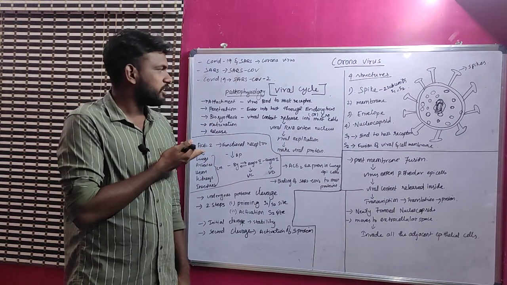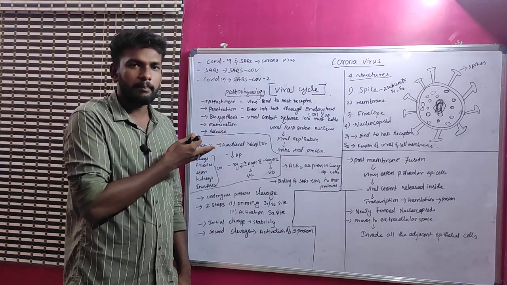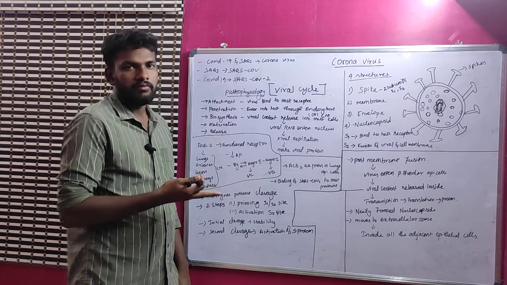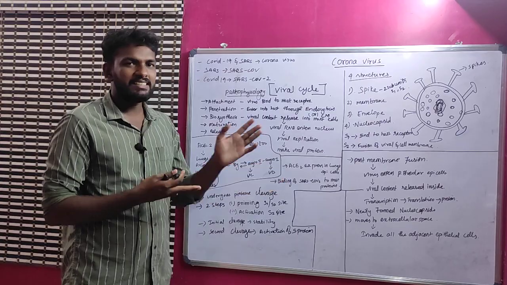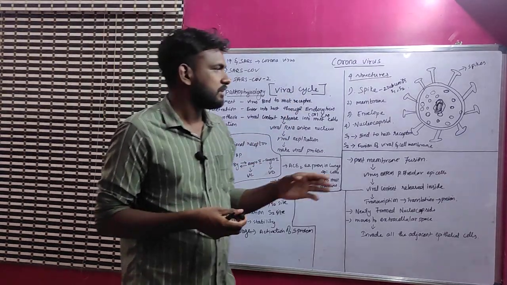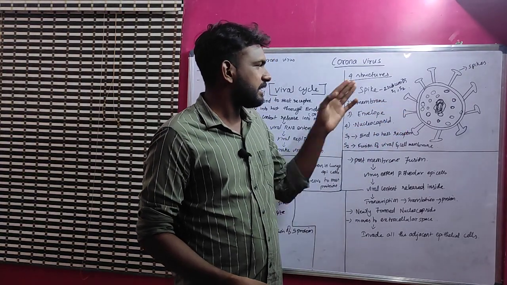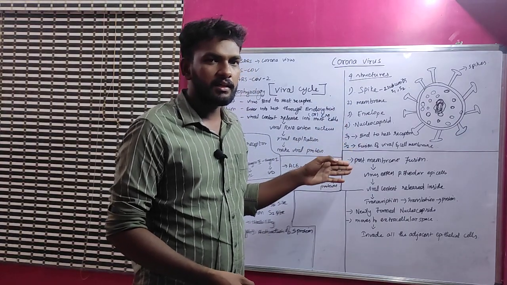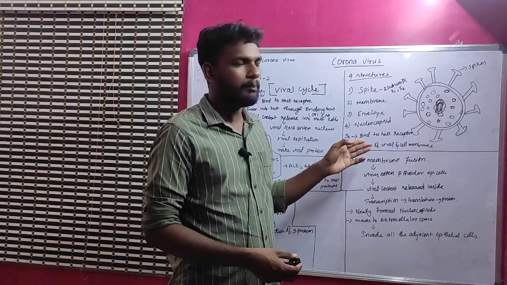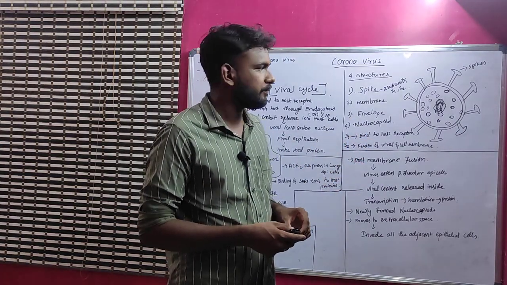Now we will see the pathophysiology, especially the viral cycle present in the coronavirus. Before that, we should know the basic structure of the coronavirus. Here is the basic structure. There are four major components: the first is spike, the second is membrane, the third is envelope, and the final one is nucleocapsid.